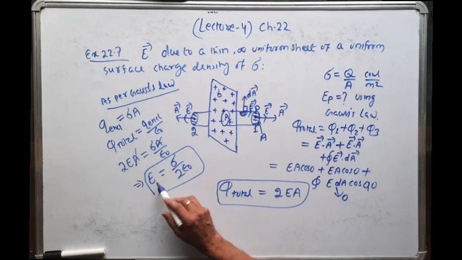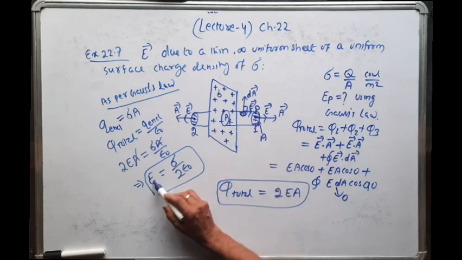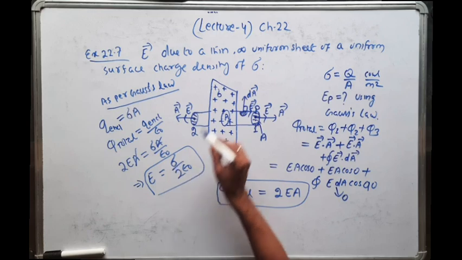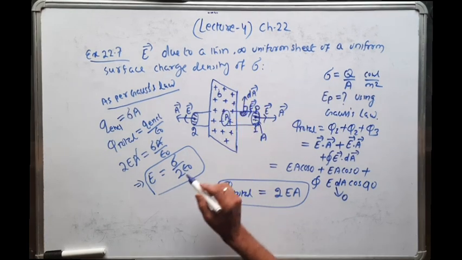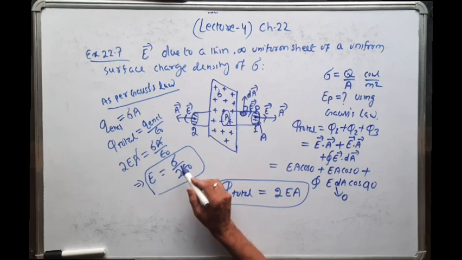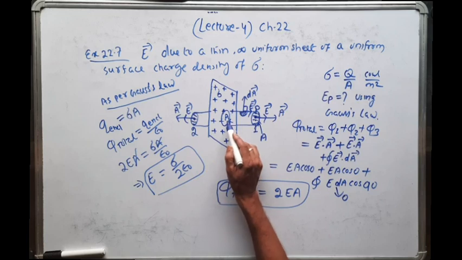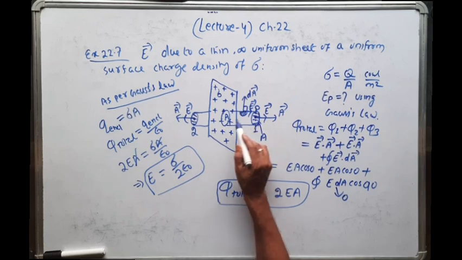Now you see, the interesting point is that in this expression E is equal to sigma by 2 epsilon naught. Sigma is the charge density of the plate, that is constant. 2 is constant, epsilon naught is constant. So electric field intensity is constant in front of a charge sheet, and electric field intensity is independent of the distance between the point and the charge sheet.